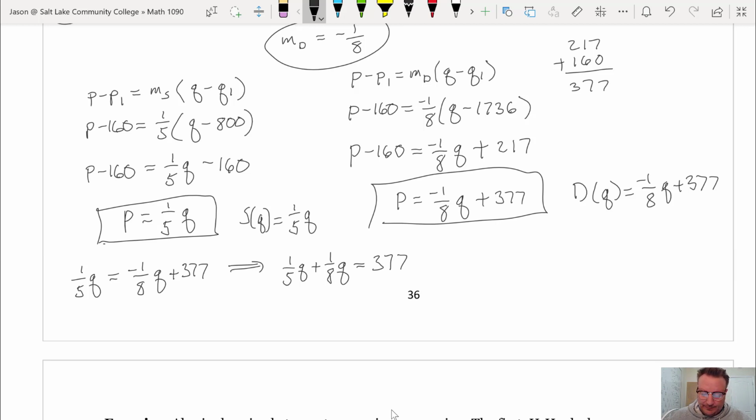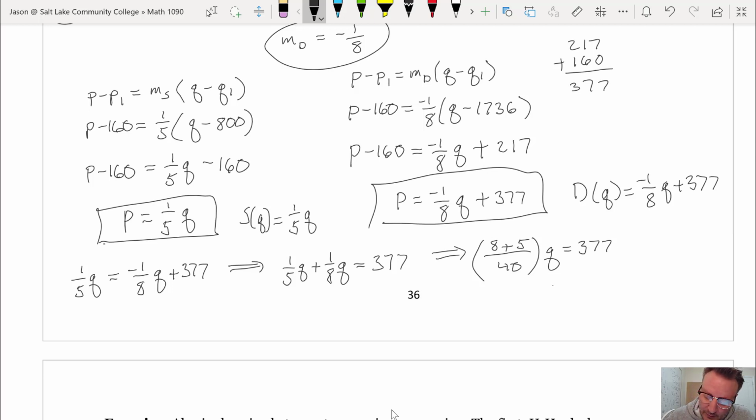Okay, 1/5 Q plus 1/8 Q. I can factor Q out, and I need to add 1/5 plus 1/8. Well, the common denominator here would be 40. So I'm going to get 8 over 40 plus 5 over 40. This will be times Q equals 377. 8 plus 5 is 13.